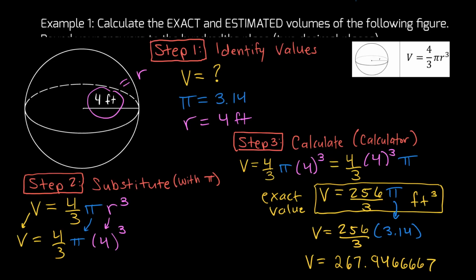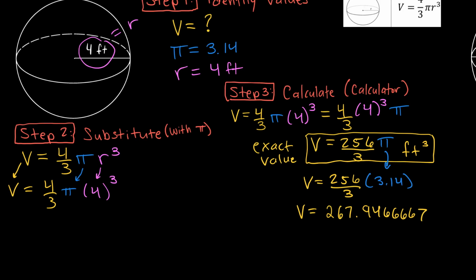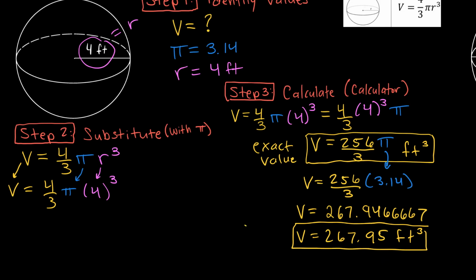Then we have to round to 2 decimal places, and this number rounds, or estimates, to about 267.95 cubic feet. And that's the estimated value.